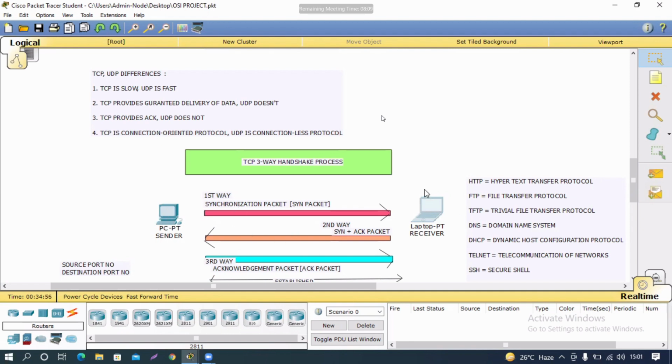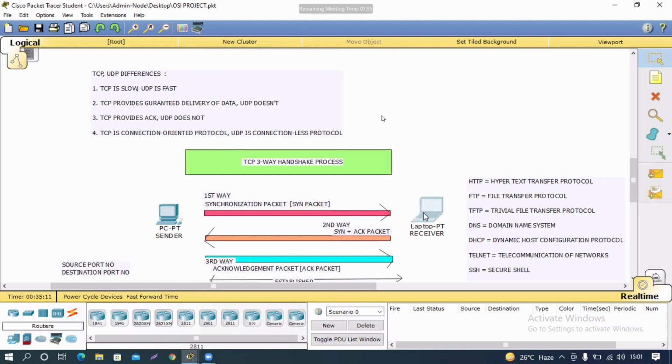This is how we do error control, retransmission. Whatever information was sent, he will retransmit it again if it contains any errors.